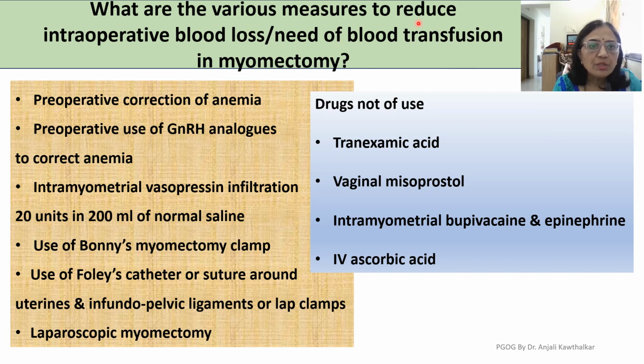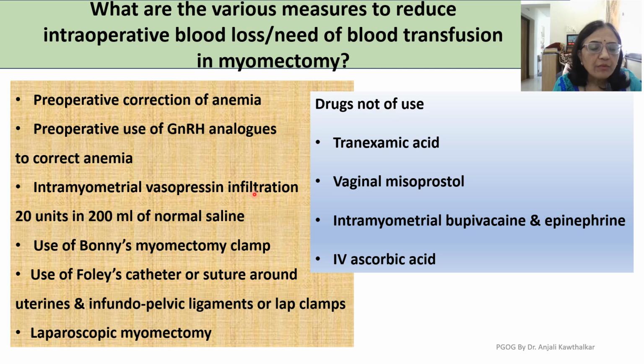What are the various measures to reduce intraoperative blood loss or need of blood transfusion in myomectomy? Preoperative correction of anemia is important. Preoperative use of GnRH analogs to correct anemia. The indication is to use it for 3 months or a shorter duration for correction of anemia.